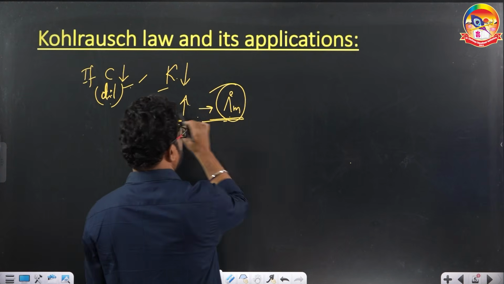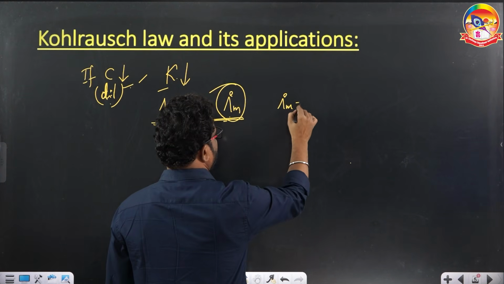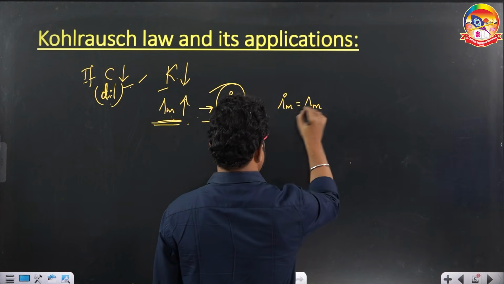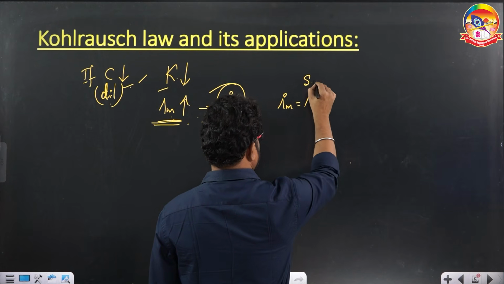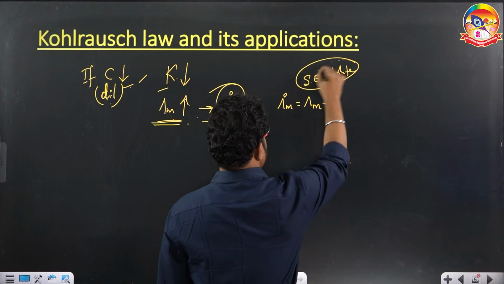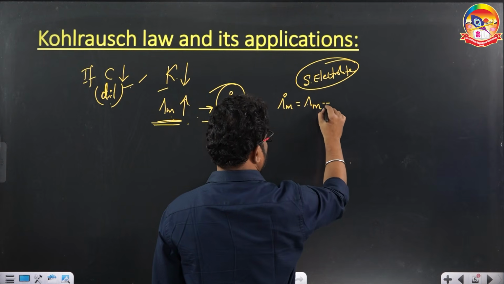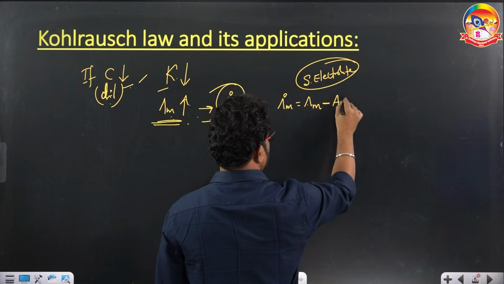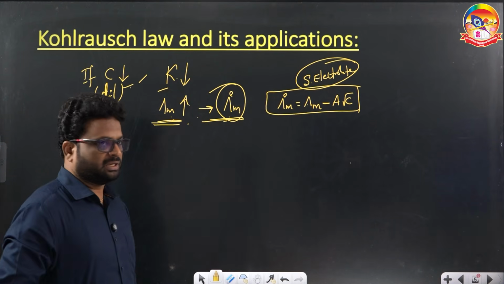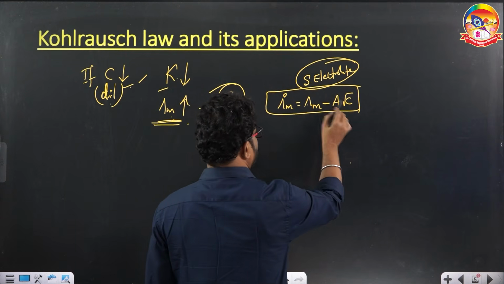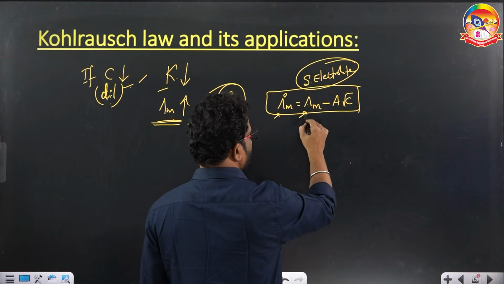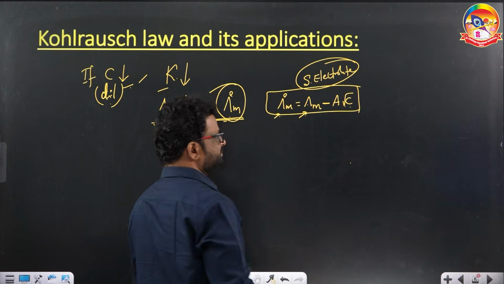Now this limiting molar conductivity and molar conductivity of a particular electrolyte, especially for strong electrolyte, not for weak electrolyte, are related as lambda naught m is equal to lambda m minus A of root C, which is called Debye-Huckel-Onsager equation, that can be used to get the value of lambda naught m if you have different lambda m and C values.